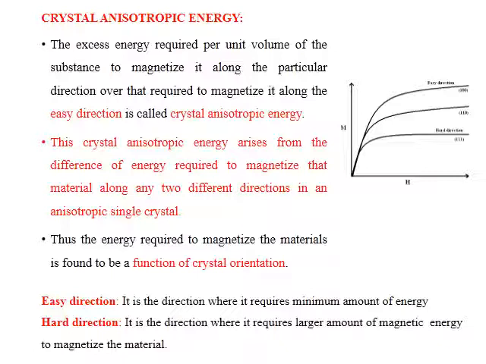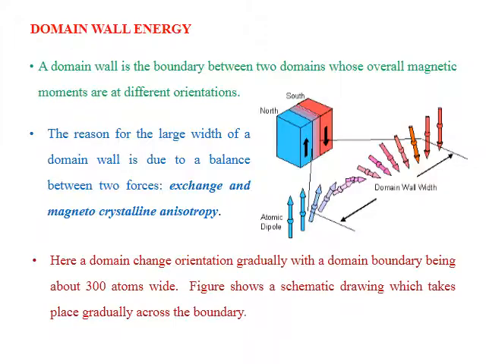For the direction of 111, for the same small magnetic field, you achieve low magnetization. So the energy difference between these two directions is considered to be the crystal anisotropic energy. Thus the energy required to magnetize the material is a function of crystal orientation.